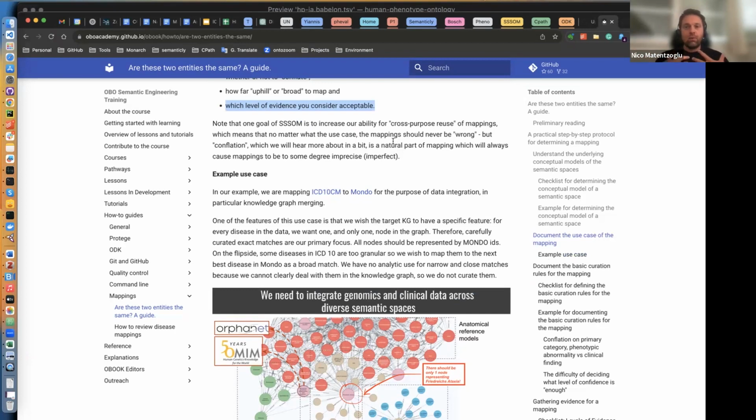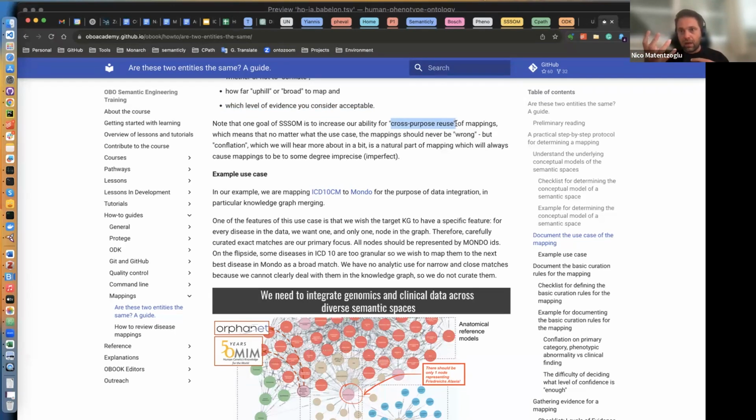In recent years, when I present SeSAM, I try to kick one message home, which is that we try to enrich our mappings to an extent that the metadata we are providing gives enough information so that we enable cross-purpose reuse. The fact that we have produced these mappings for one use case does not mean that they are not usable for another use case.